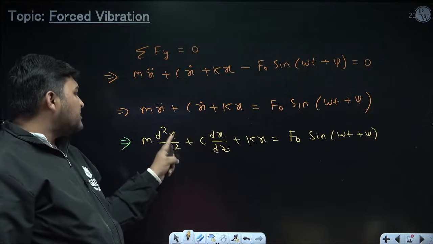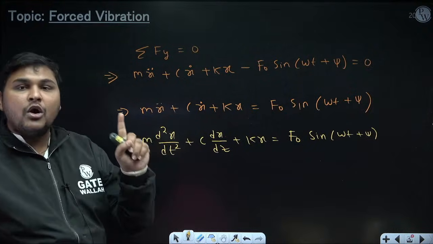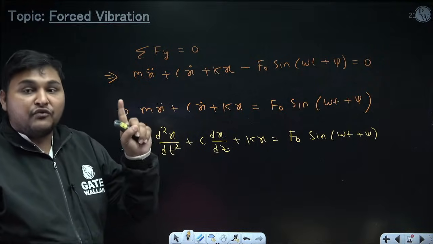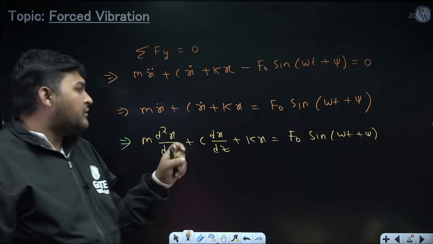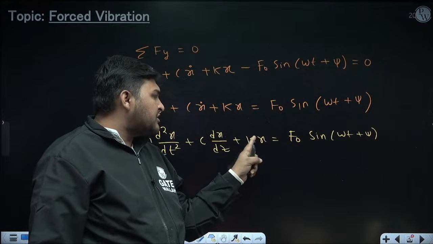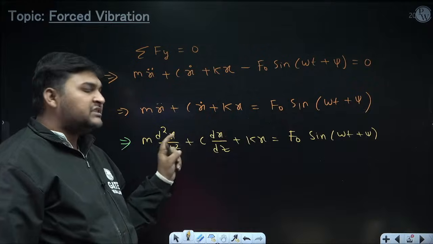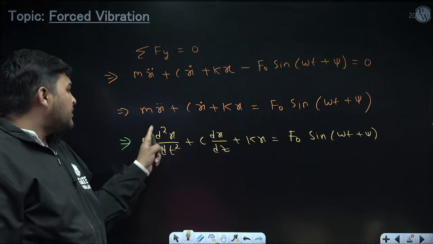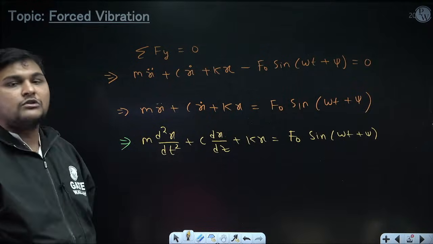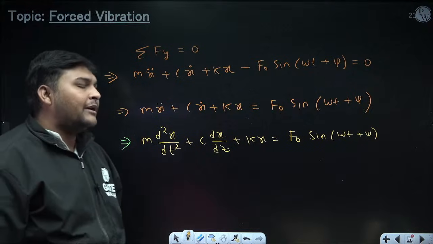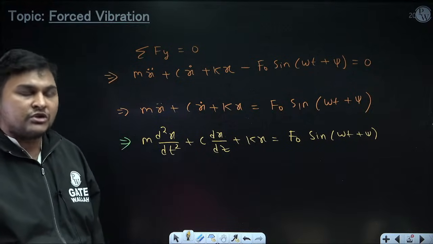It is with constant coefficients because the coefficient of the dependent variable is k, a constant, the coefficient of the first differential coefficient is c, also a constant, and the coefficient of the second is m, also a constant. So this is a second order linear differential equation with constant coefficients.